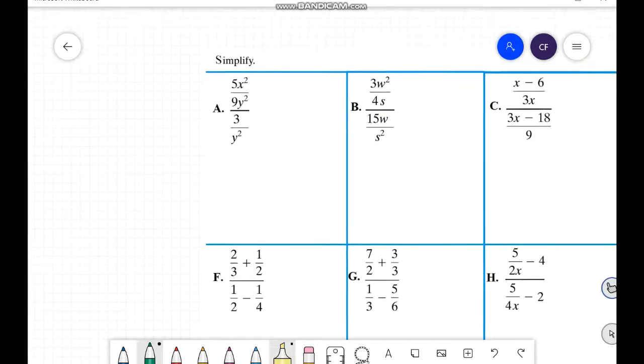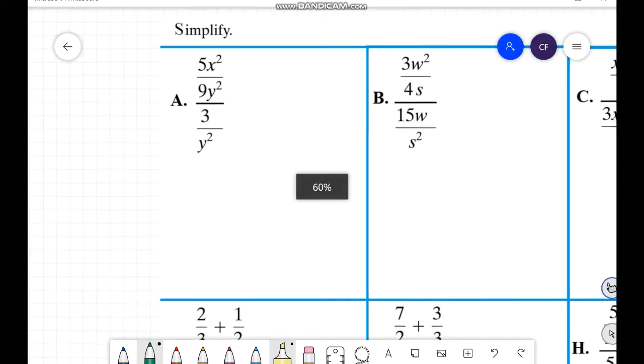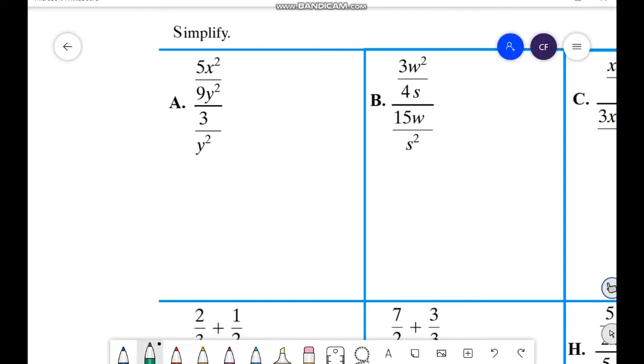Now let's try to work on a few questions of the quiz. Let's start with letter A, and I think on letter A we can apply method number 1 because you have a single fraction on the numerator and a single fraction as the denominator. And we can transform it into a multiplication. 5x squared over 9y squared multiplied by, then you're going to flip the fraction on the denominator, y squared over 3.